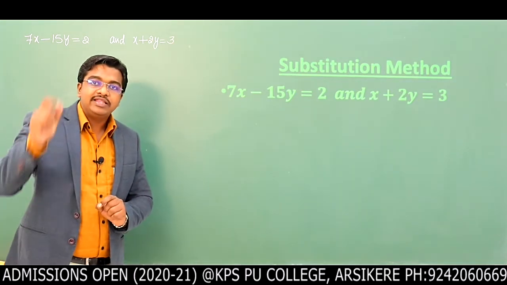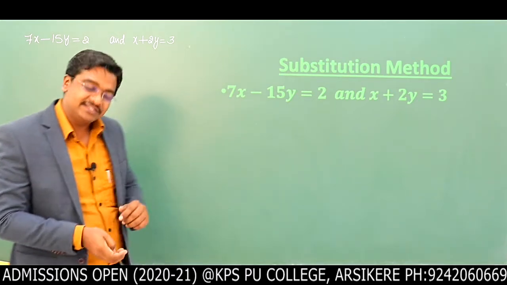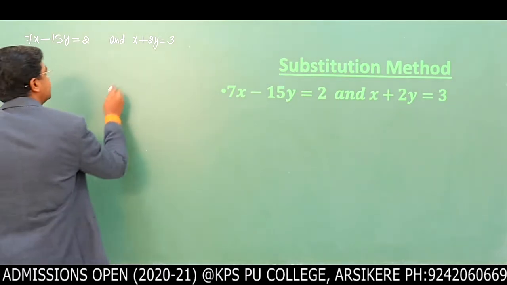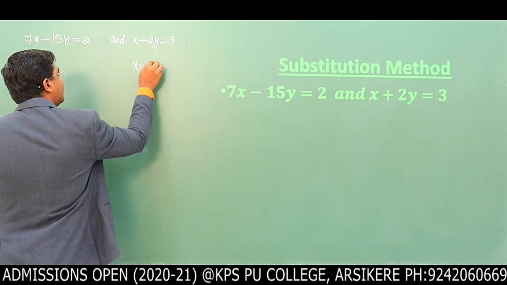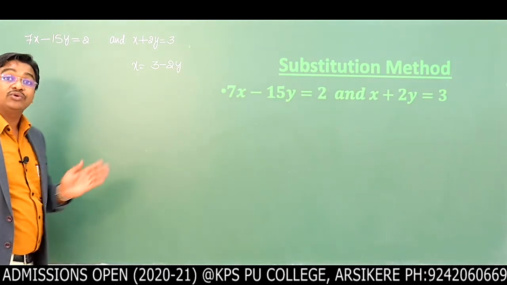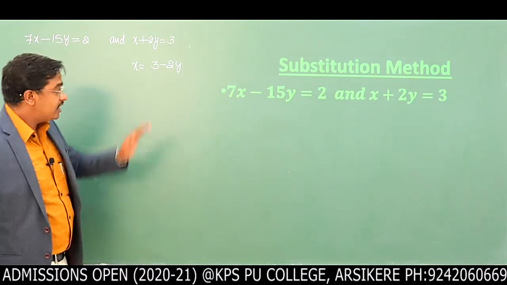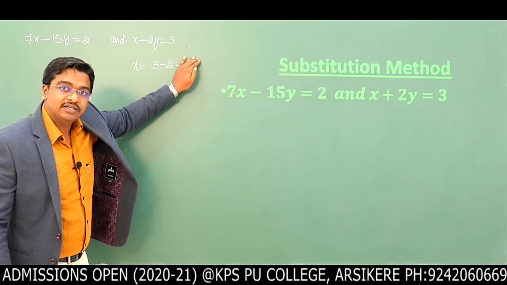Substitution method means either substitute x in terms of y or y in terms of x. In the second equation, x is equal to 3 minus 2y, taking 2y to the right hand side. So x in terms of y is reduced.